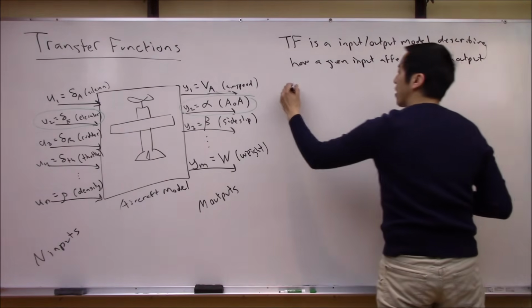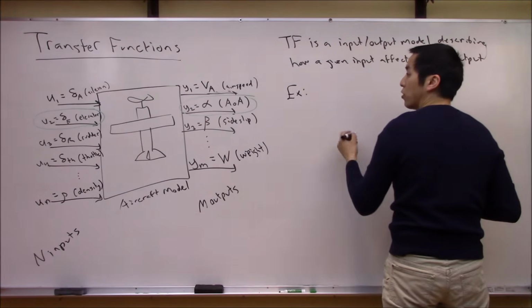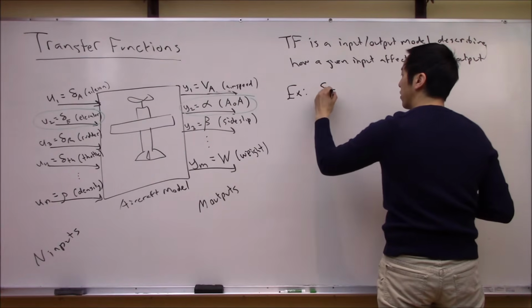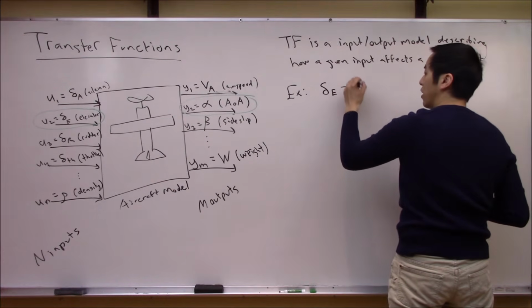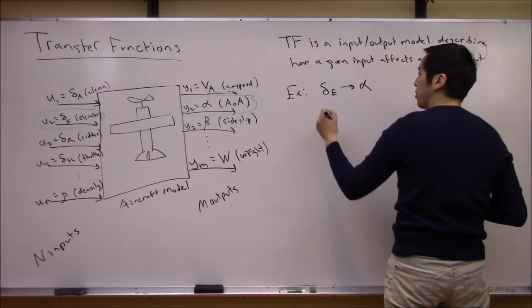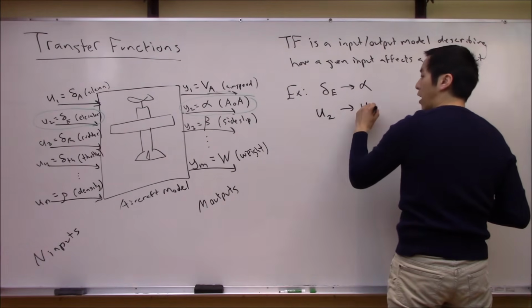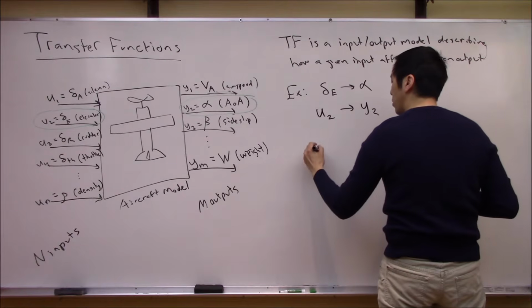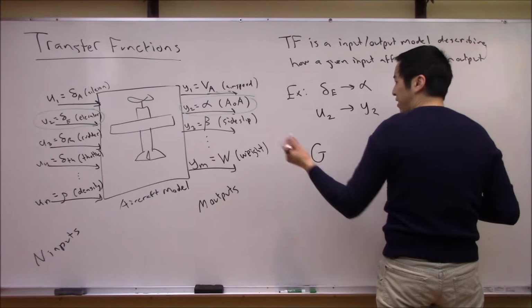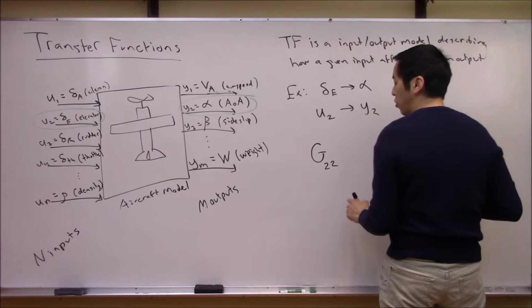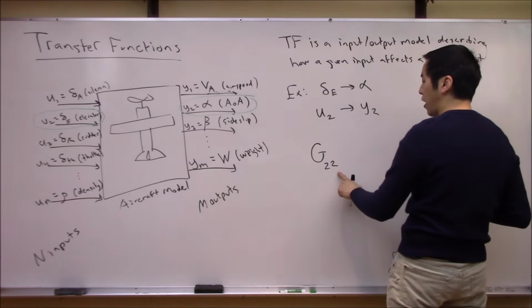So in this example, where I want to look at the effect of, let's call it delta elevator, on your angle of attack, I'm really talking about how the second input affects the second output, right? So typically in this case, maybe I'll call this thing G22 for the second input affecting the second output here.